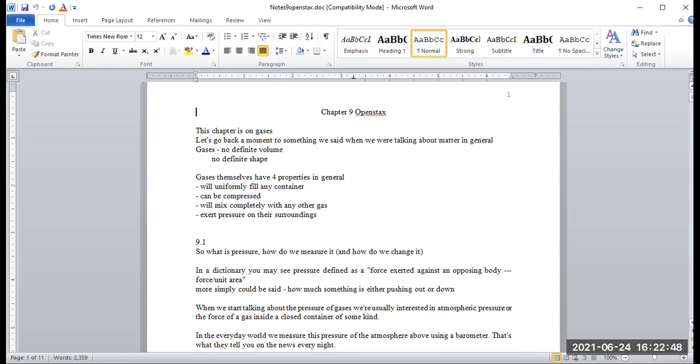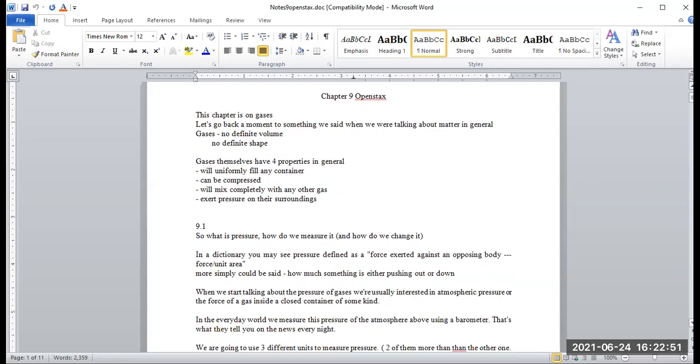So those two ideas move forward and turn into 4 more properties that are directly related. We have their ability to uniformly fill any container. All right, so my glass of pink lemonade: my liquid is at the bottom of the container, and the air is obviously above.